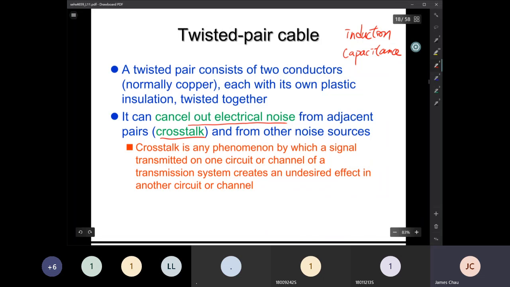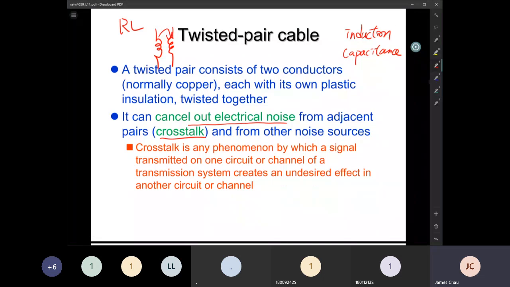Remember the RL circuit that you learned in electric circuit engineering: if you bring two coils close together, voltage may be induced from one coil to another.